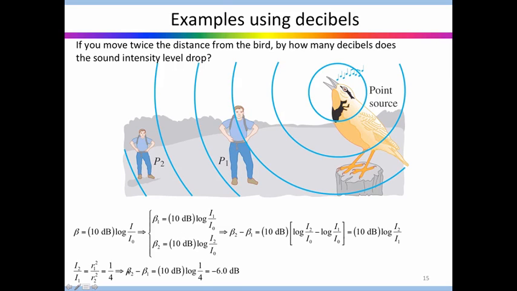So we find that that is 1/4, and then the difference in decibel would be just 10 dB times log of 1/4, and that is -6 decibel. This is pretty common. Every time the sound intensity drops by 1/2, you decrease by 3 decibel. Every time the sound intensity increases by 2 times, the sound level in decibel units increases by 3 decibel.